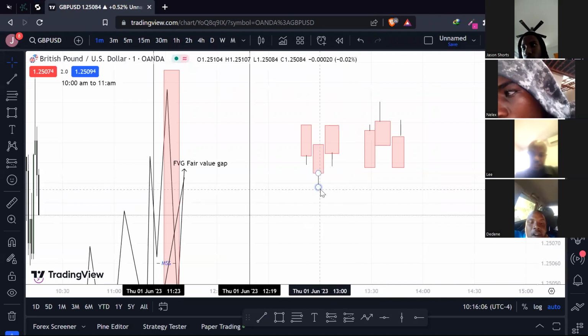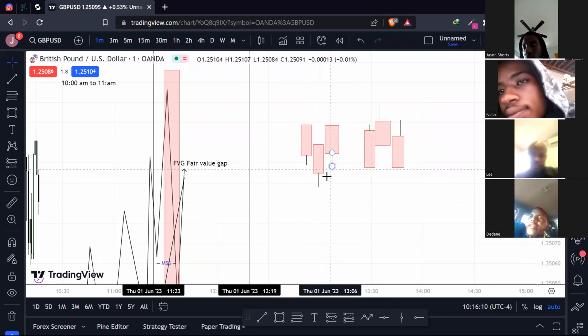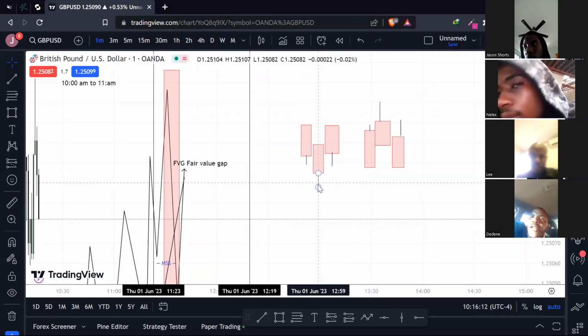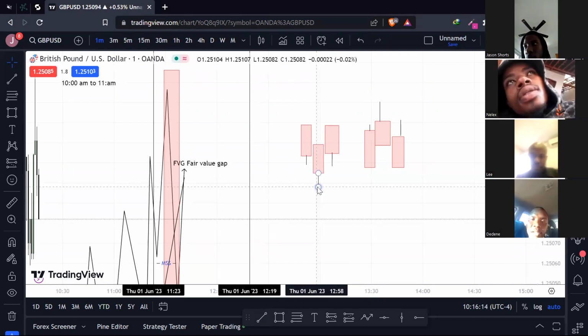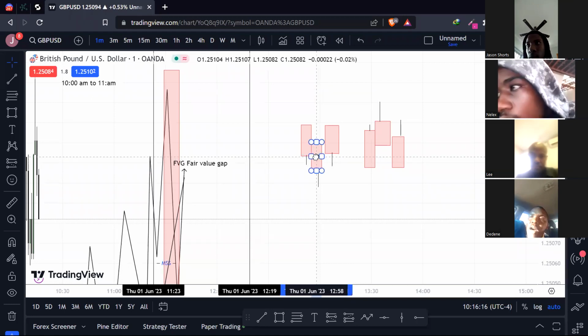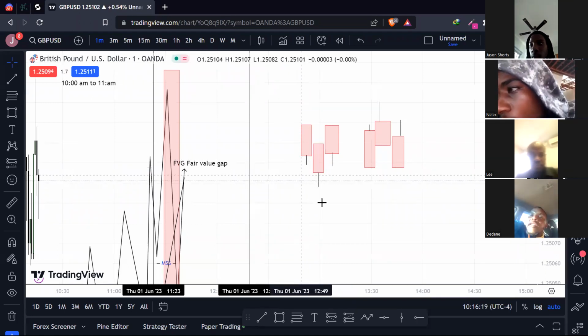So it's like two lower candles on the left and right, and a higher one with a longer wick in the middle, right here. So you see the pattern.